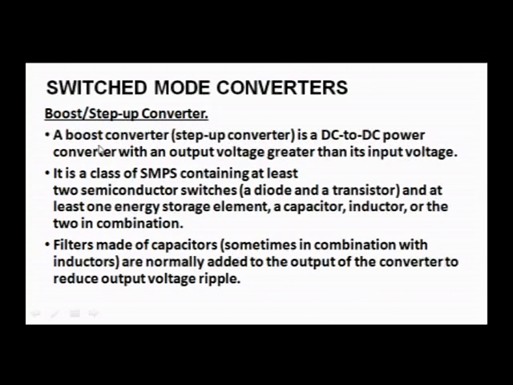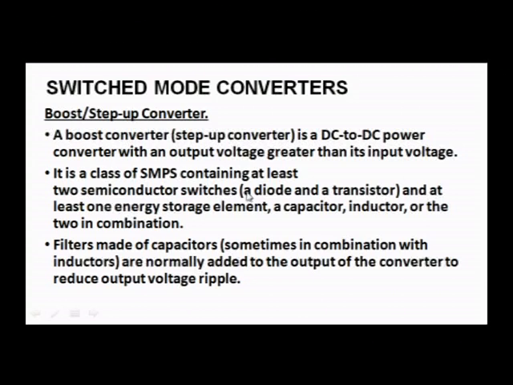The next type of converter is the boost or step up converter. The boost converter is a DC to DC power converter, always having an output voltage which is greater than its input voltage. It is a class of switch mode power supply, and it contains at least two semiconductor switches.